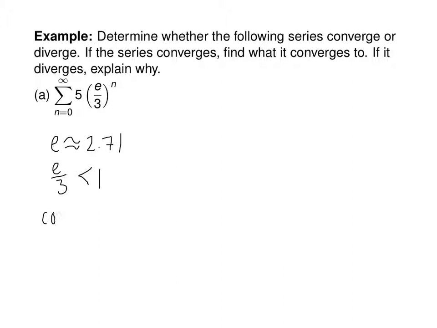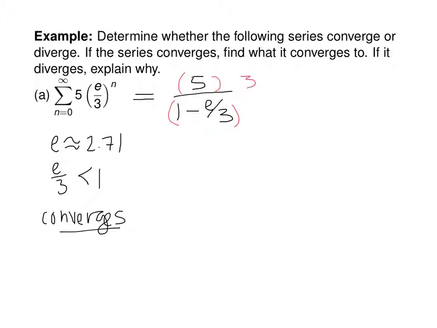So this thing does converge. And it converges to 5 over 1 minus e over 3. To simplify that, we could multiply the numerator and denominator both by 3. And that will give us 15 over 3 minus e.